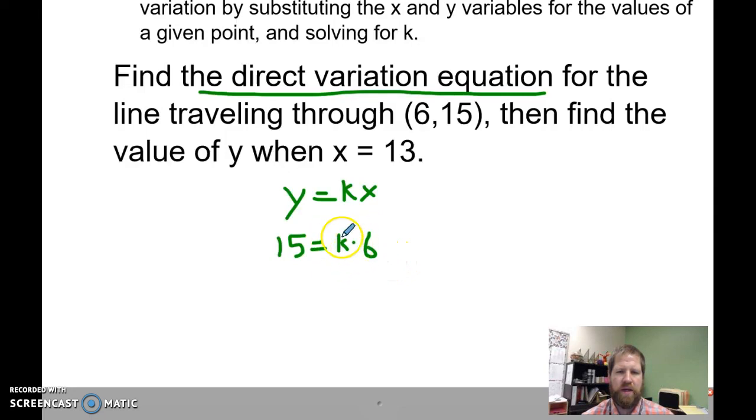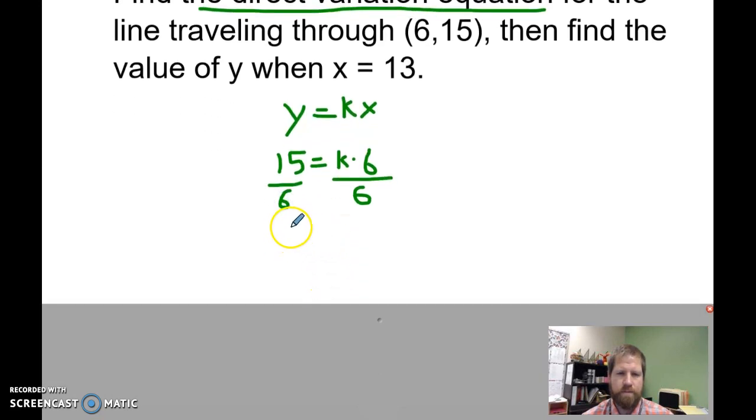Alright, and we have k times 6 or 6k. Either way, we're going to need to isolate k by dividing by 6. Right? And we end up with those canceling, and k is going to equal 15 over 6, or we can simplify it, divide by 3, 5 over 2.